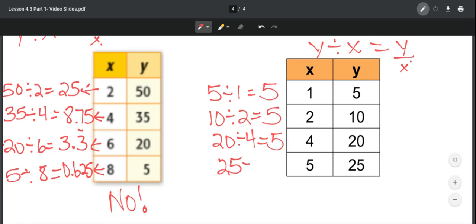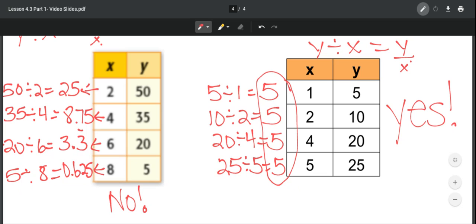And 25 divided by 5 equals 5. Because our quotients are all the same, we can say yes, this is a proportional relationship.